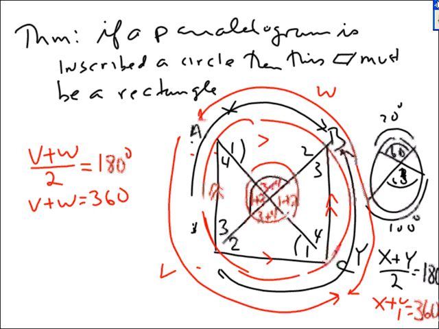Now, basically, I just want to get a right angle somewhere, because it is absolutely possible for these two lines to be parallel and for these two to be parallel, hence a parallelogram, but yet it's not a rectangle. They are not right angles. I just need to show that one of those corners is a right angle.